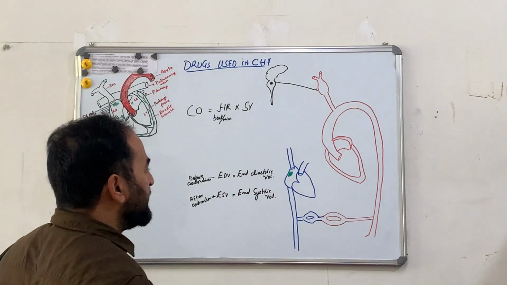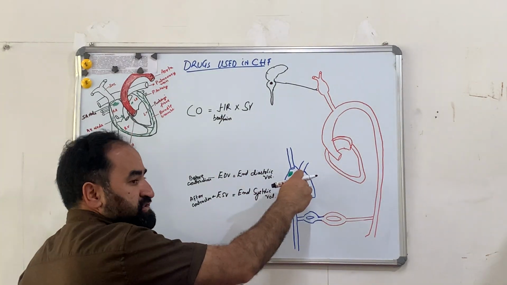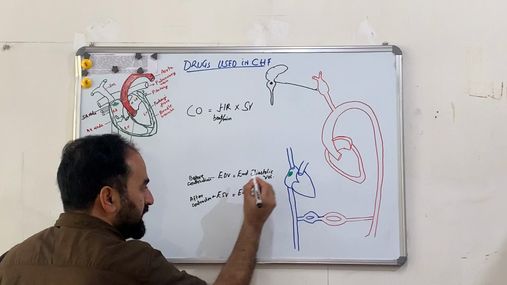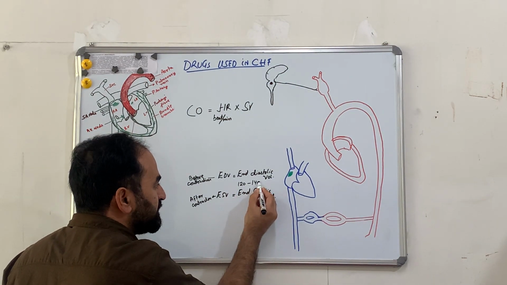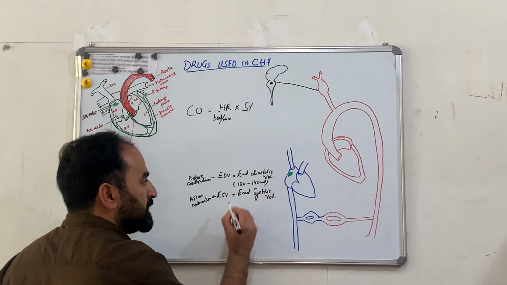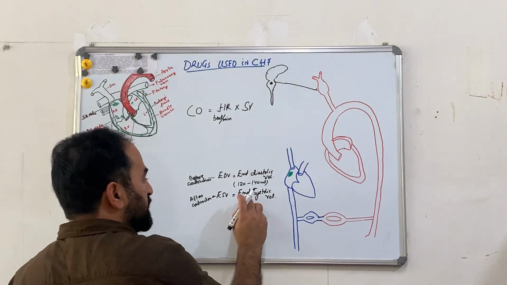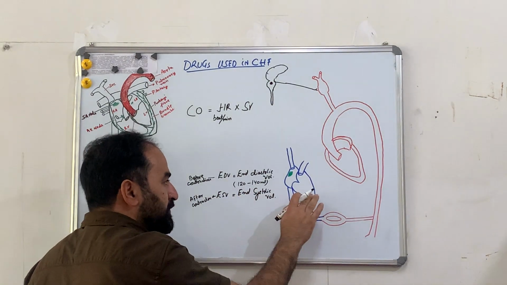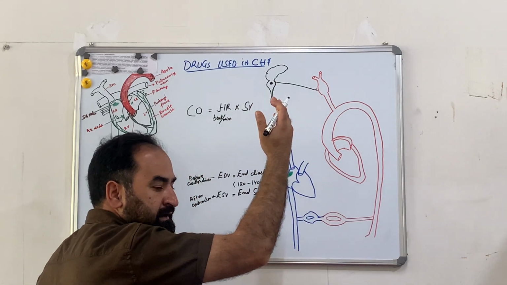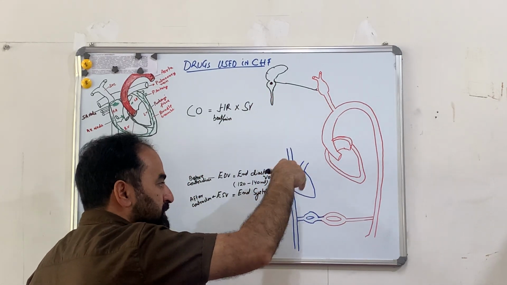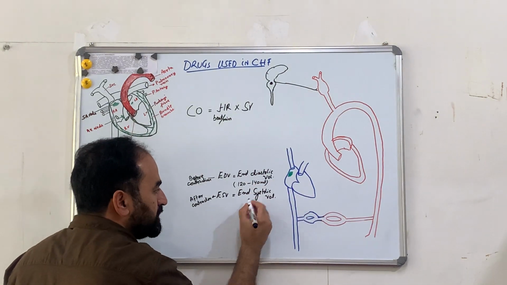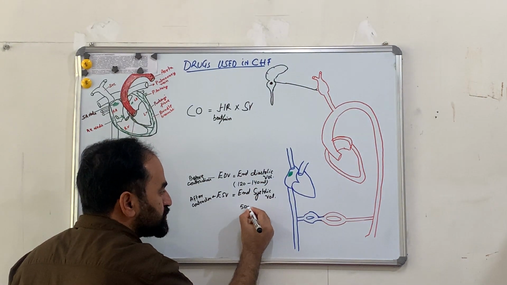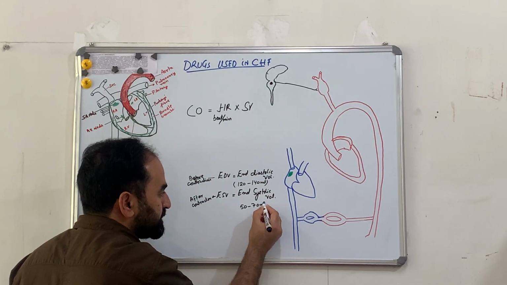Okay? And per beat, your ventricle receives around 120 to 140 ml of blood as the end diastolic volume. And when it ejects the blood into the circulation, the remaining part, your end systolic volume, is around 50 to 70 ml.